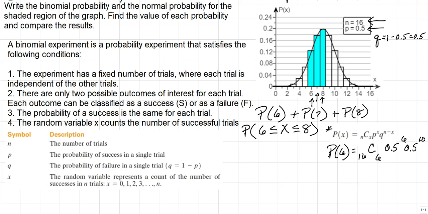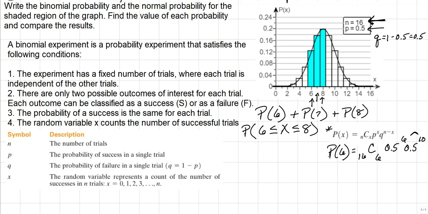P of 6 is going to be equal to the combination of 16 items chosen 6 at a time, times 0.5 to the 6th power, times 0.5 raised to the 10th power. Remember, P is equal to 0.5 and Q is also equal to 0.5. You'll also note that these two exponents sum to the n that we're looking at. And I would have to do that for all three of these and then add those together.